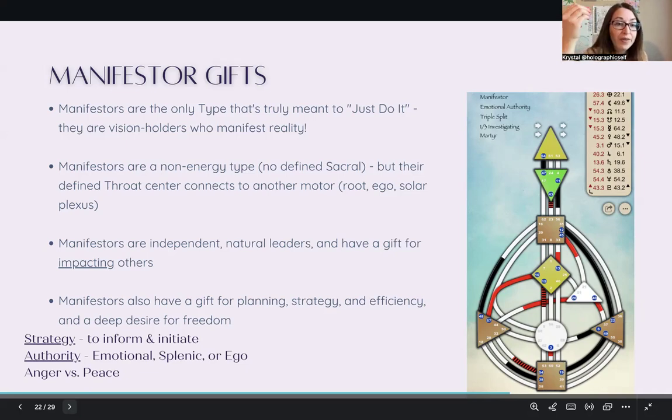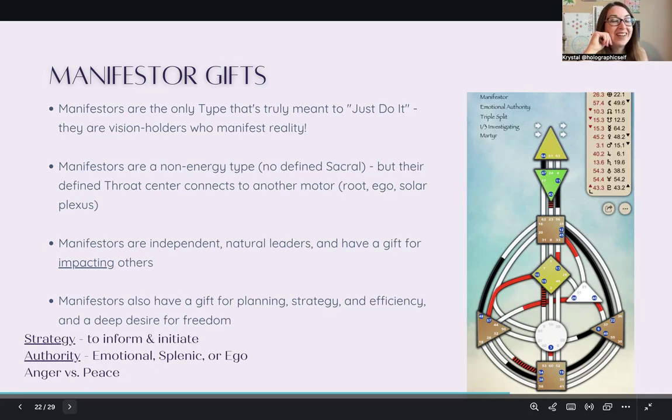Manifestors like to be able to initiate things, strategize. They're also very efficient. And in the case of manifestors, a lot of times the conditioning that they've gotten is slow down. You're too much. Hold back. Don't do so much. A lot of manifestors, especially in childhood, get that.